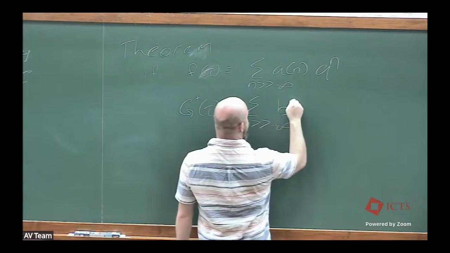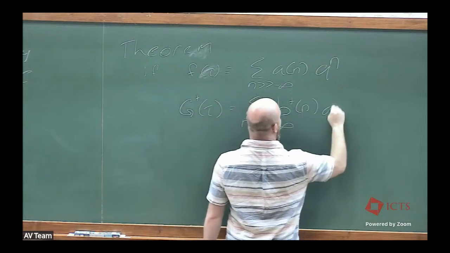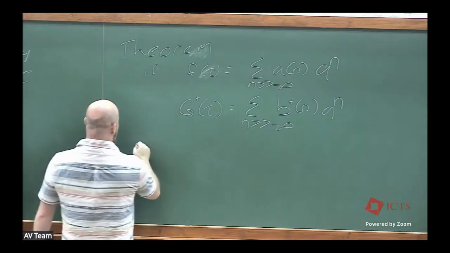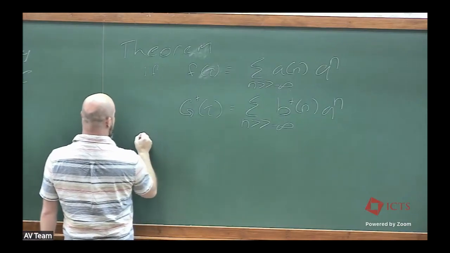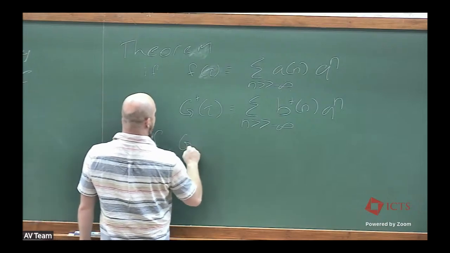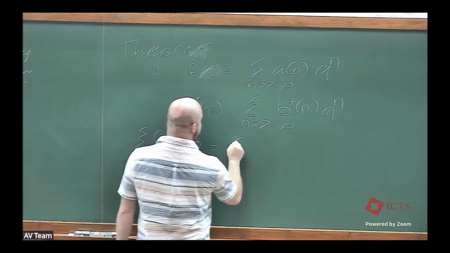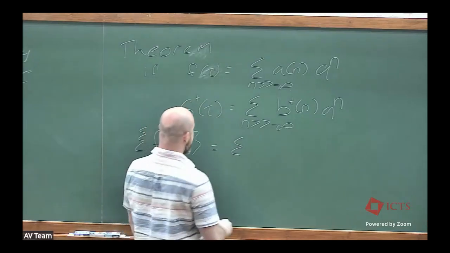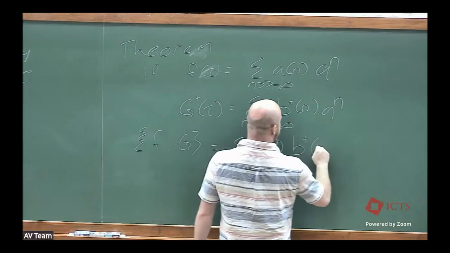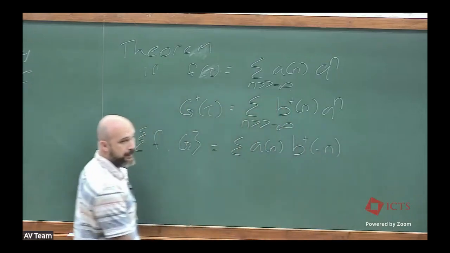I'll just write this as b plus of n, q to the n. In this case, Bruinier and Funke have this formula for the pairing: the pairing of f and g is equal to the sum of a of n, b plus of minus n.